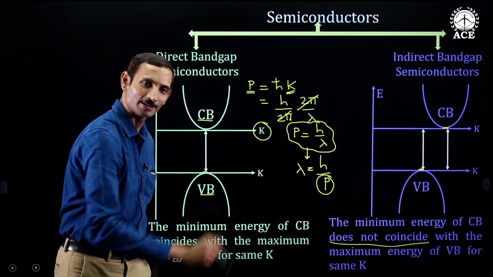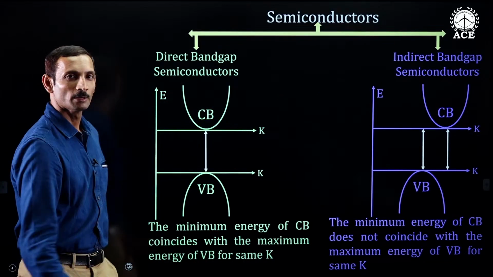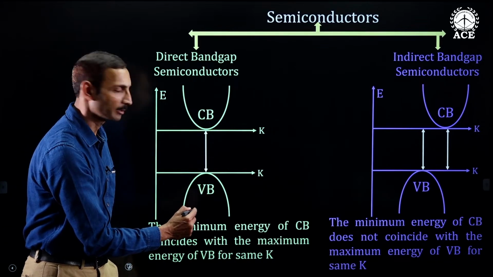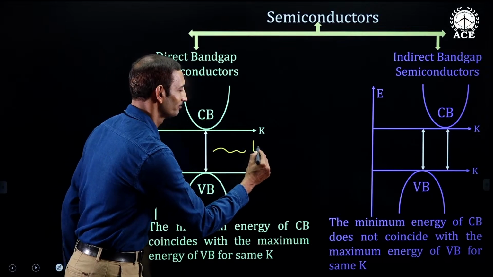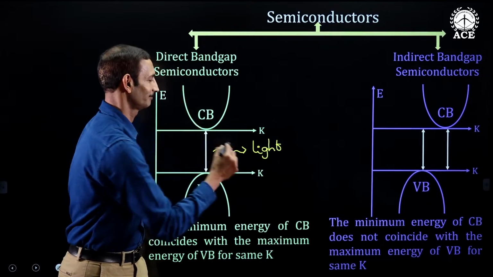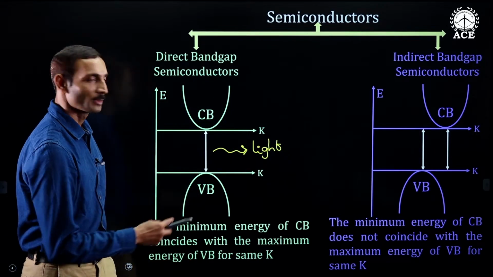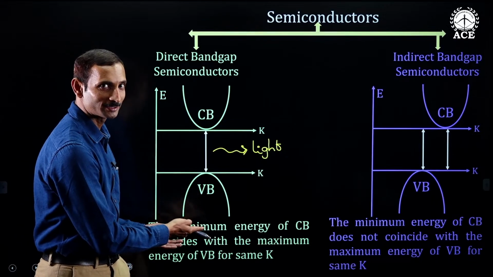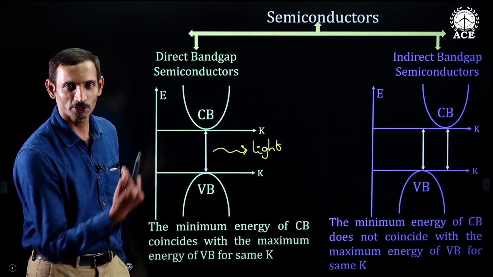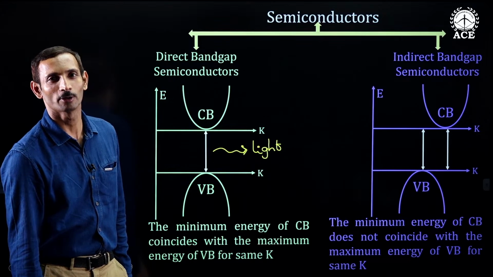So this k is nothing but the crystal momentum. If the crystal momentum matches for these charge carriers, when they combine, they are going to produce light. Understood? So that's why direct bandgap semiconductors are the ones where the transition of an electron from conduction band to valence band gives out light.